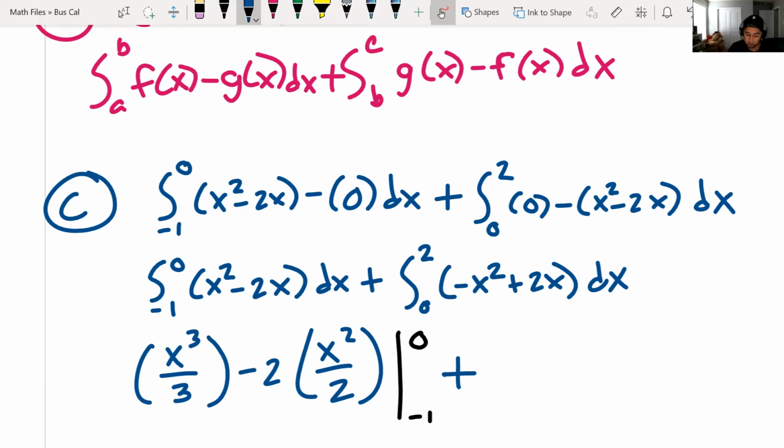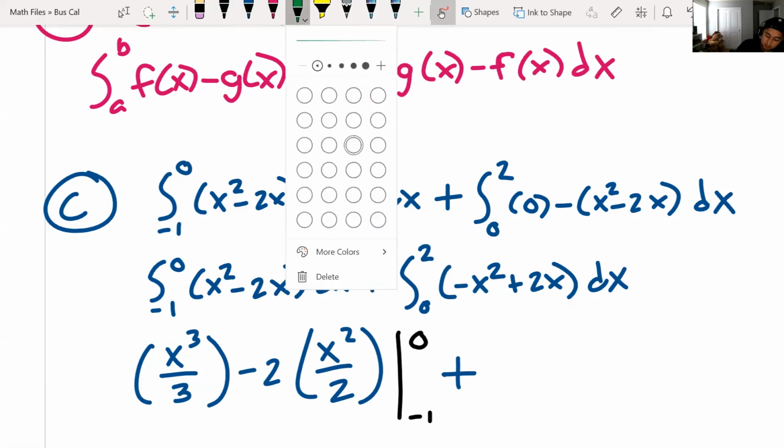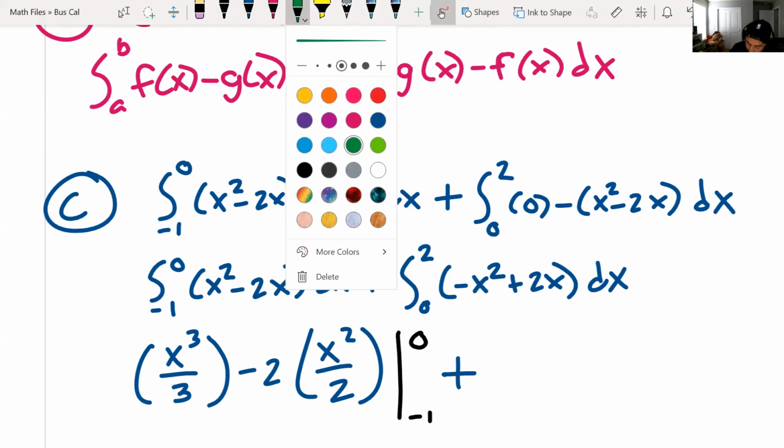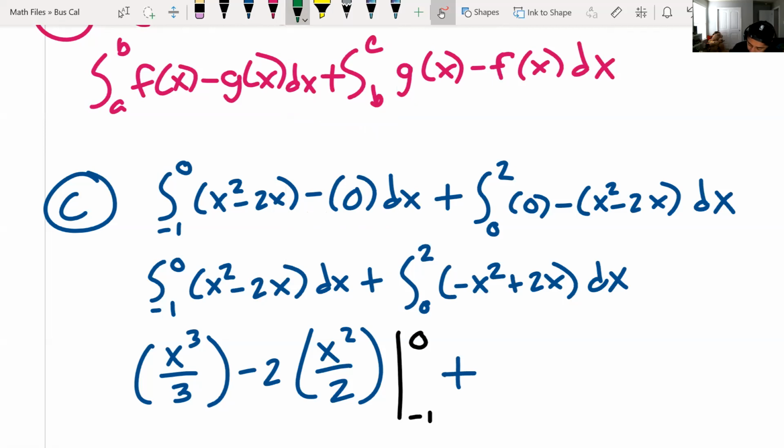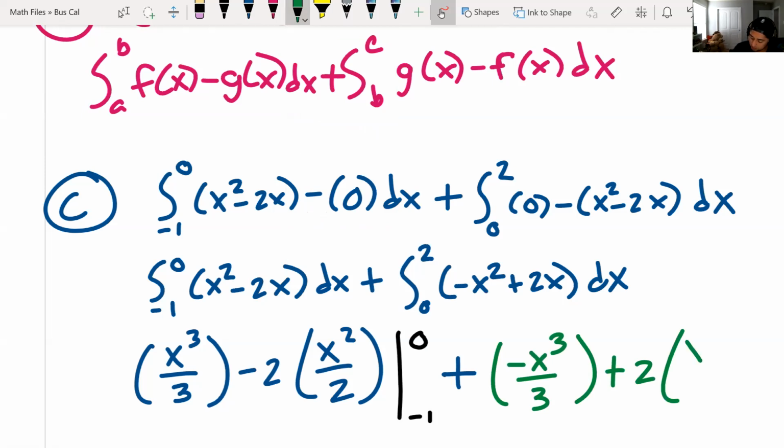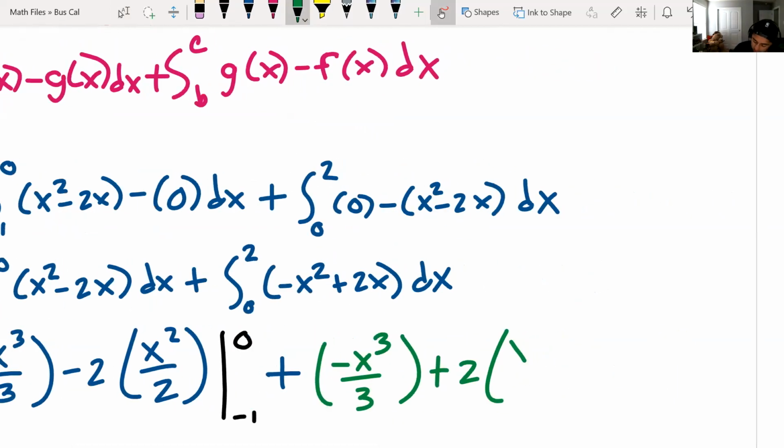Plus the second integral. I'll do it in another color. Of negative x cubed over 3 plus 2 times x squared over 2.